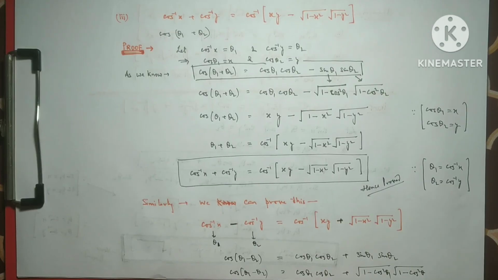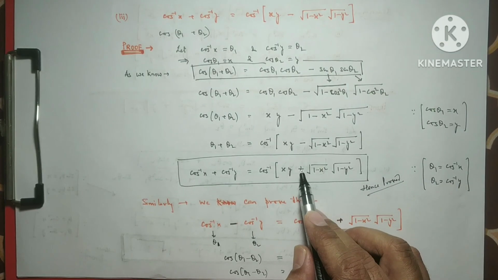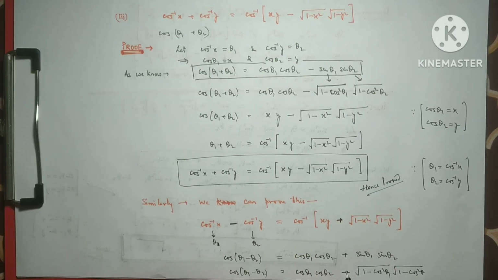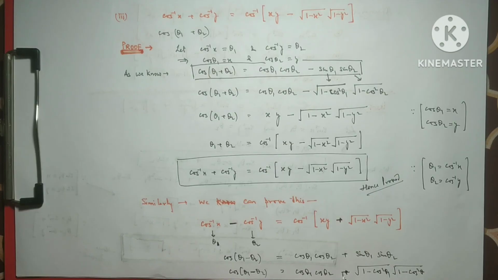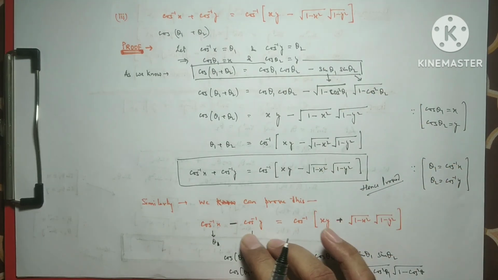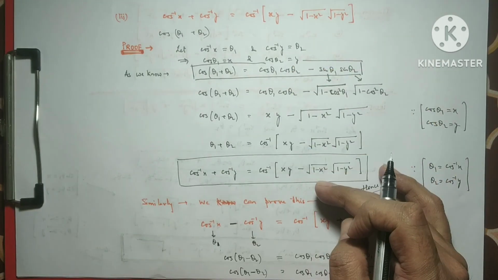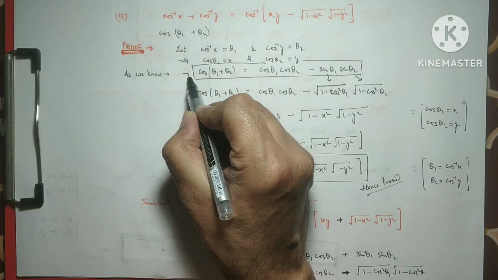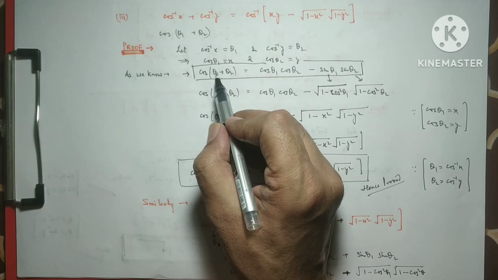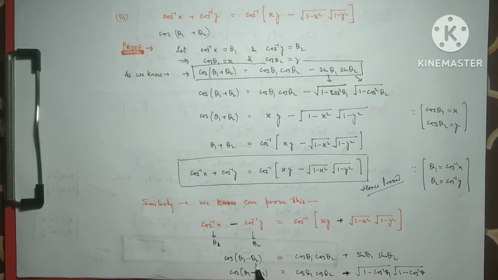So when we put x and y in this place, we get the same result but with a positive sign, because the cos of the difference of angles gives the formula with a positive sign. So there is a simple difference, and we can prove this formula using the same method but using a different formula. In place of the sum of two angles, we use the difference of two angles of cos.